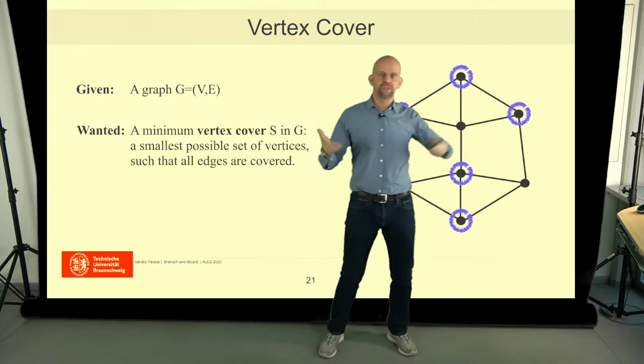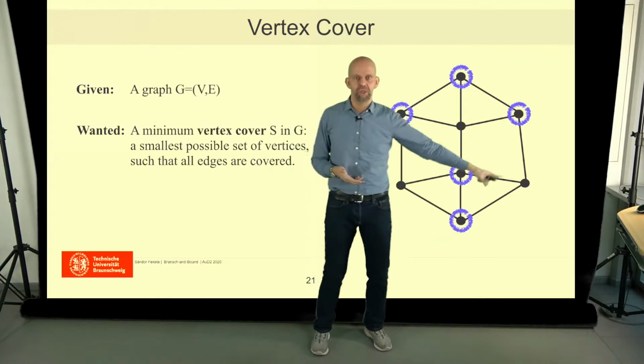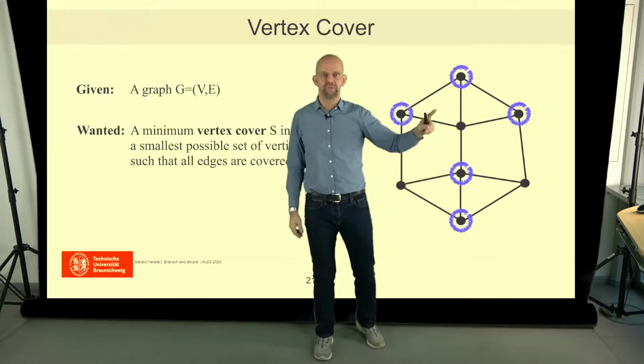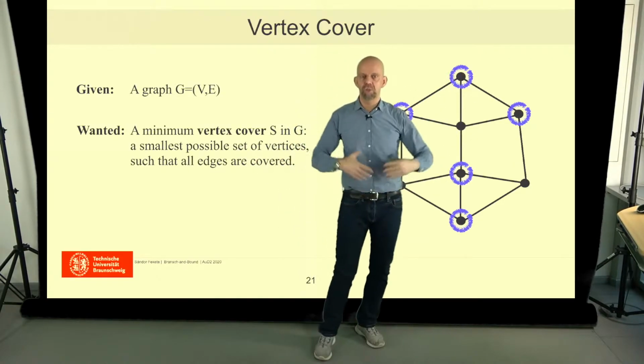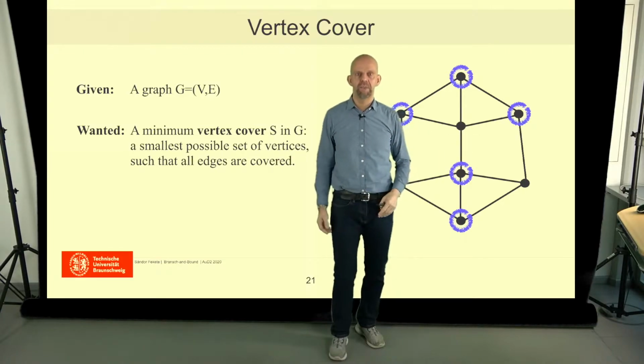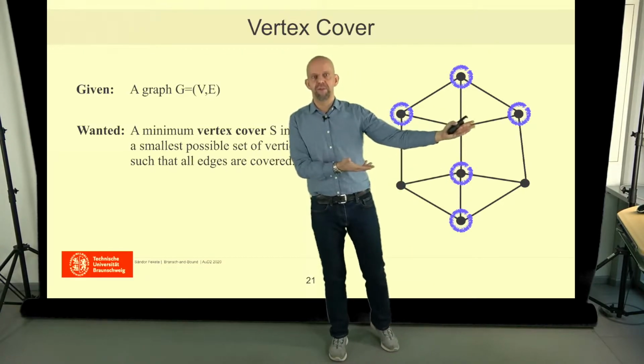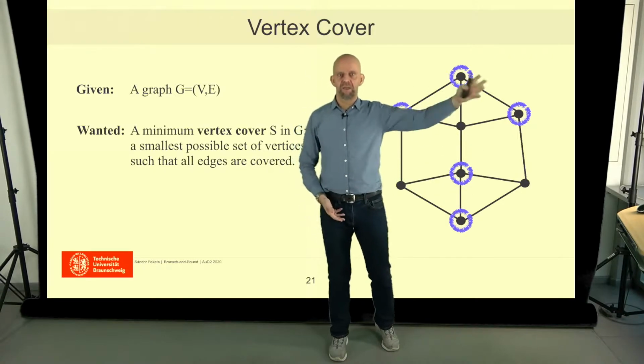And vertex cover, you can imagine there's all sorts of things where you need to cover certain conditions or need to carry out certain jobs. When you think of geometry, you can place cameras like that.